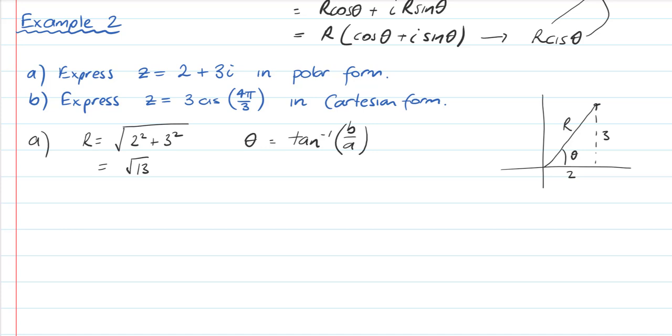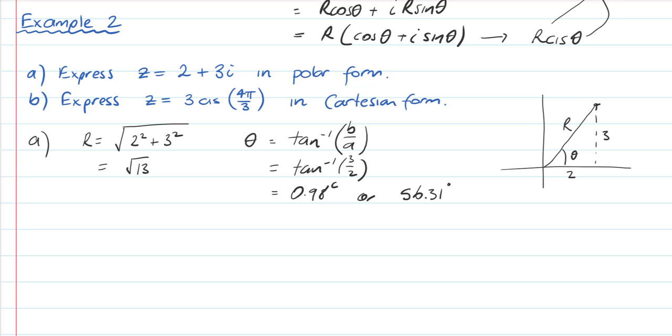Tan inverse of 3 over 2 is equal to 0.98 radians, or I could write it down as 56.31 degrees.